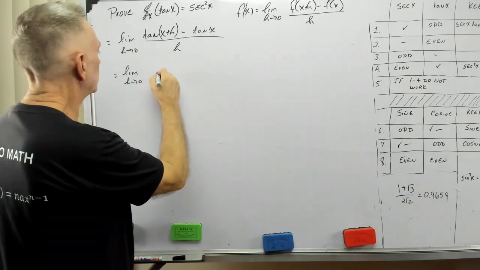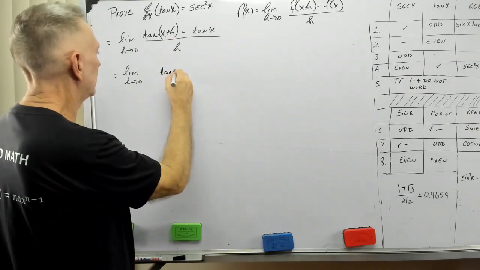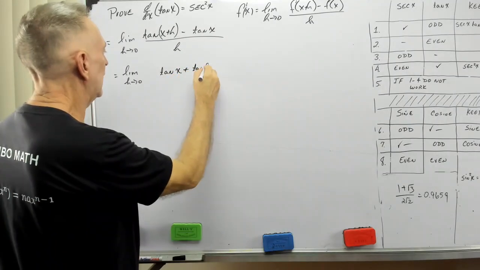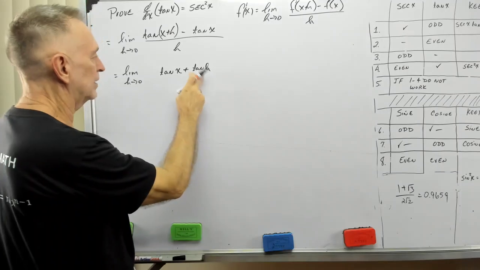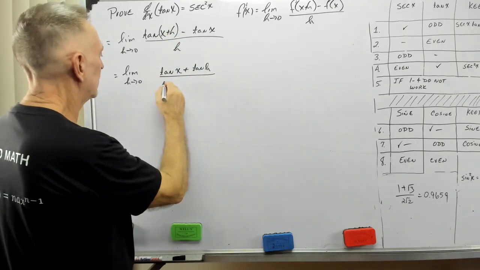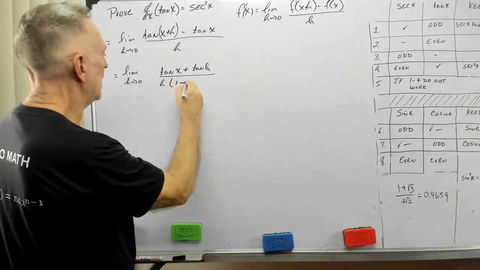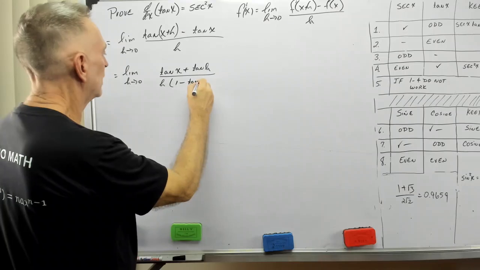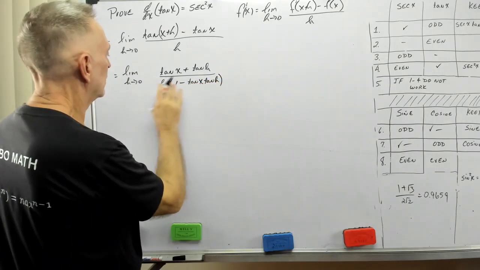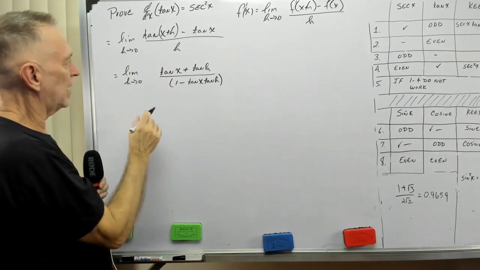So this would be tangent x plus tangent h, that's not hyperbolic, that's just tangent h, divided by 1 minus tangent x tangent h. Without the h in the denominator, that would be what tangent of x plus h is.